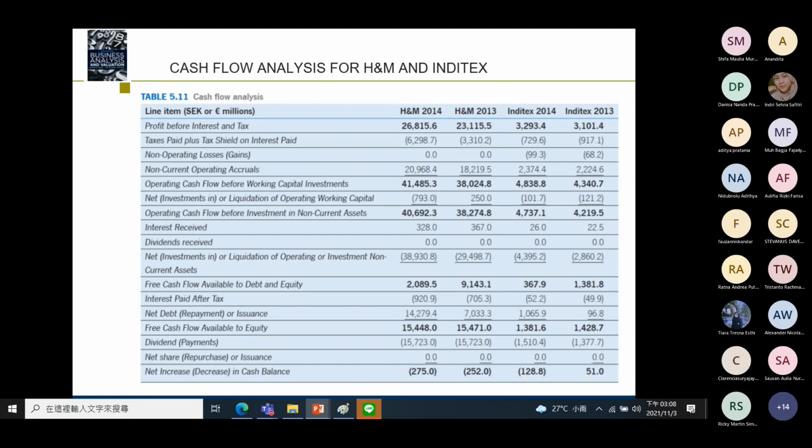The indirect cash flow format explicitly details the accrual adjustments that need to be made to profit or loss in order to arrive at operating cash flows.